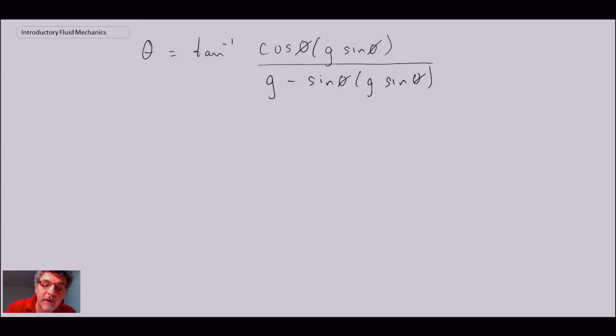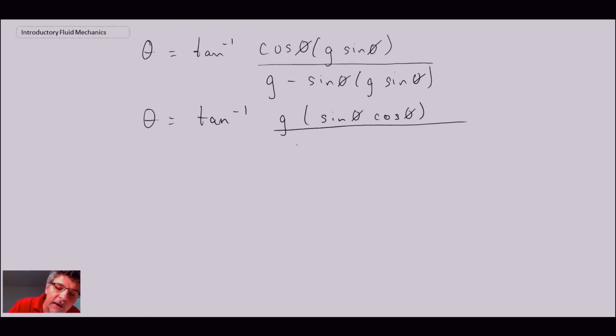And what I'm going to do, I'm going to rearrange these a little bit, simplify. So we can pull the g out, and then we have a sine phi cos phi, and that is divided by, again, I'll pull the g out, and then we have 1 minus sine squared phi.